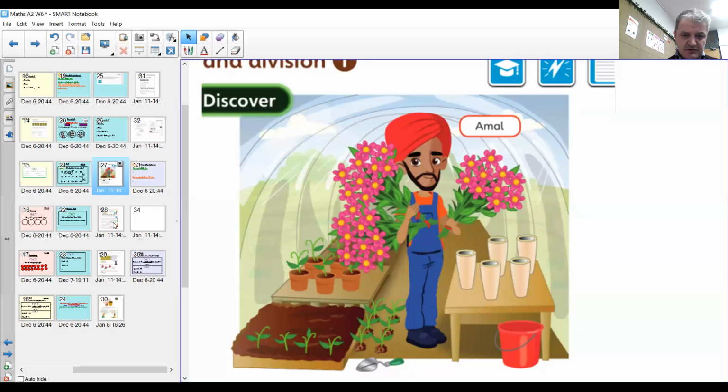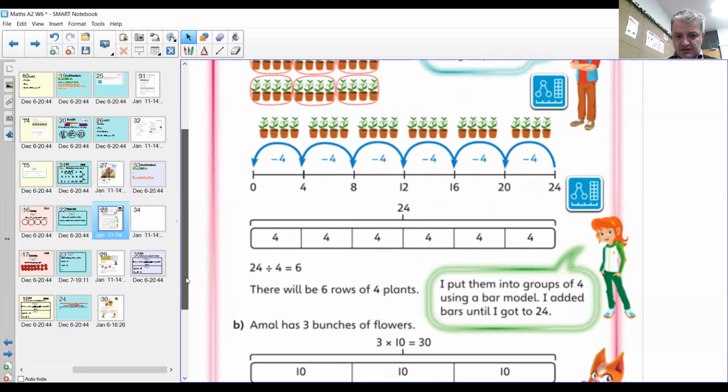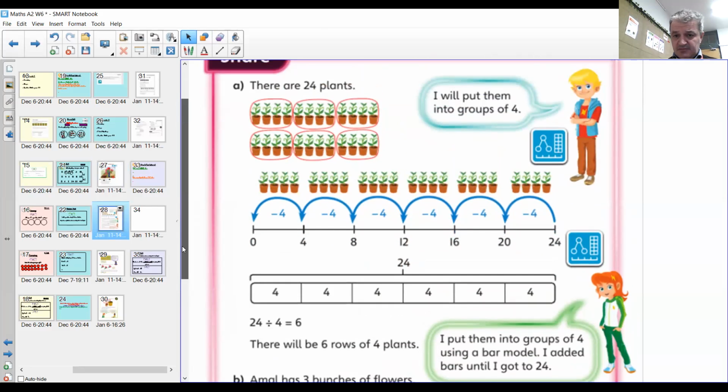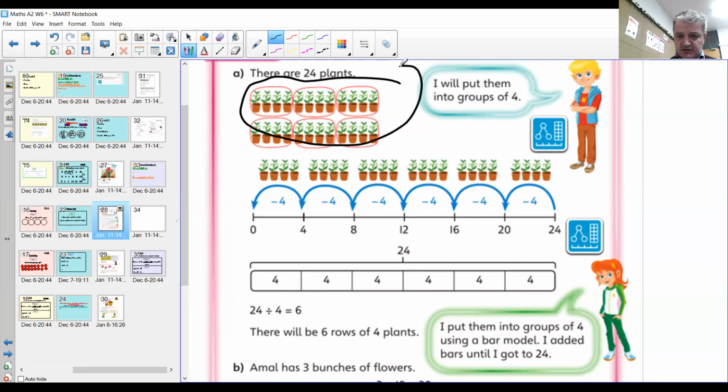Okay, so let's have a look at the representations that they've used in the book. So, like an array here, simple array, use a number line, 1 row, 4, 8, 12, 16, 20, 24.